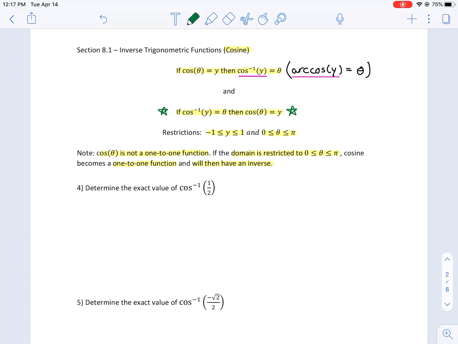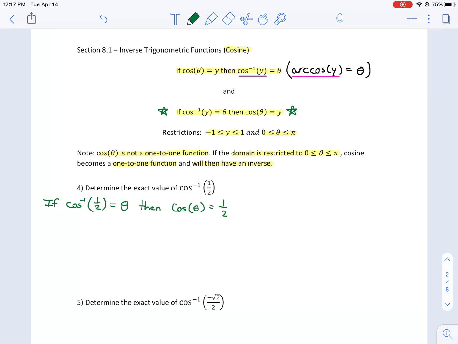So let's take a look at example number 4. It says determine the exact value of inverse cosine of 1/2. So I'm going to start by writing out a sentence. If inverse cosine of 1/2 is equal to theta, then cosine of theta is equal to 1/2.